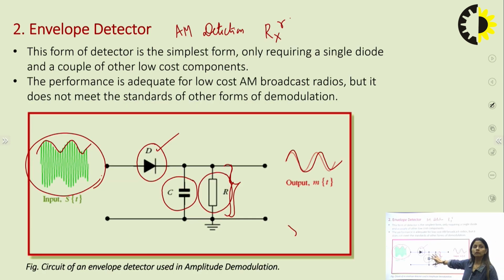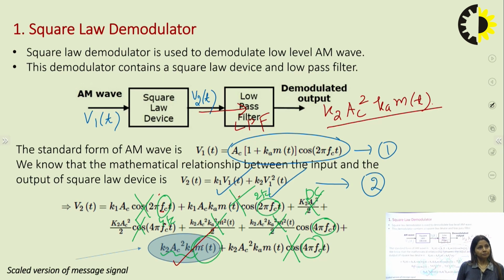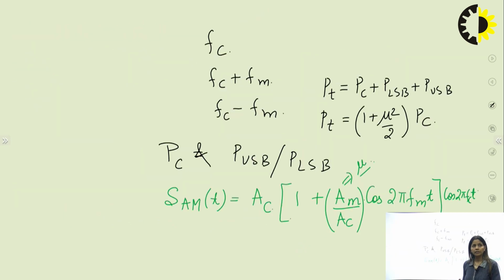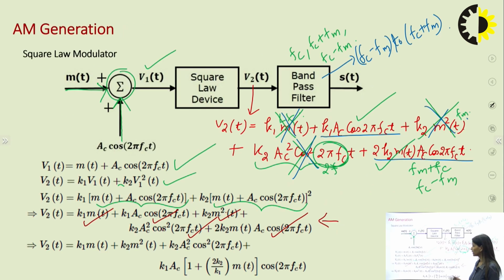Here you have to explain the working of the capacitor and how the resistance gives you the voltage equal to the envelope of m(t), and this depends totally on the diode on and off conditions, right? So we have seen AM generation and AM detection. That's all. Thank you.